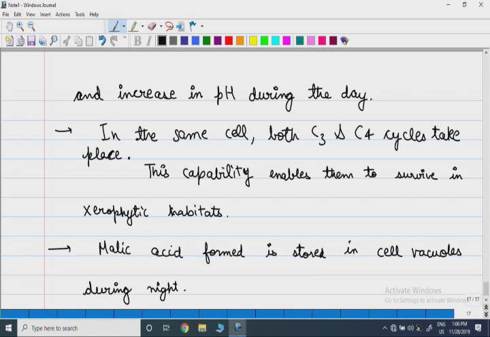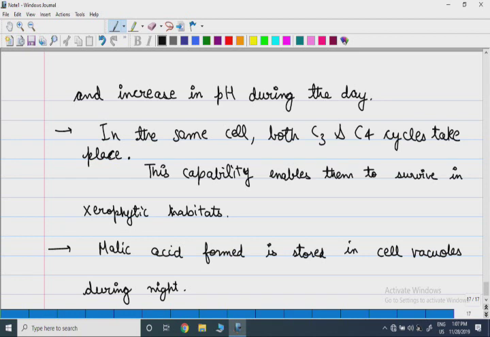Everybody likes pineapples? Yes? Do you like eating sour pineapples or sweet pineapples? Do you want to eat the pineapples which are sweet in taste, or you want to eat pineapples which are sour in taste? I have an interesting experiment for you. Some are very sour in taste and some are very sweet in taste.